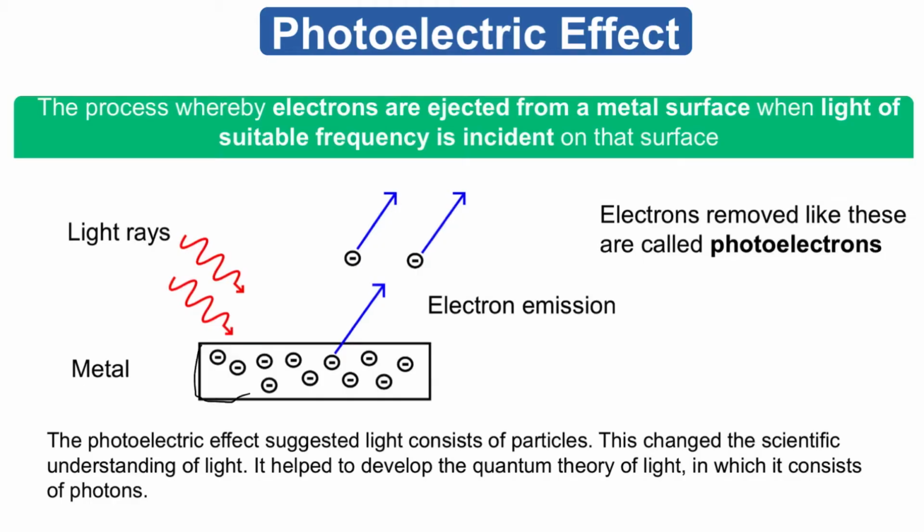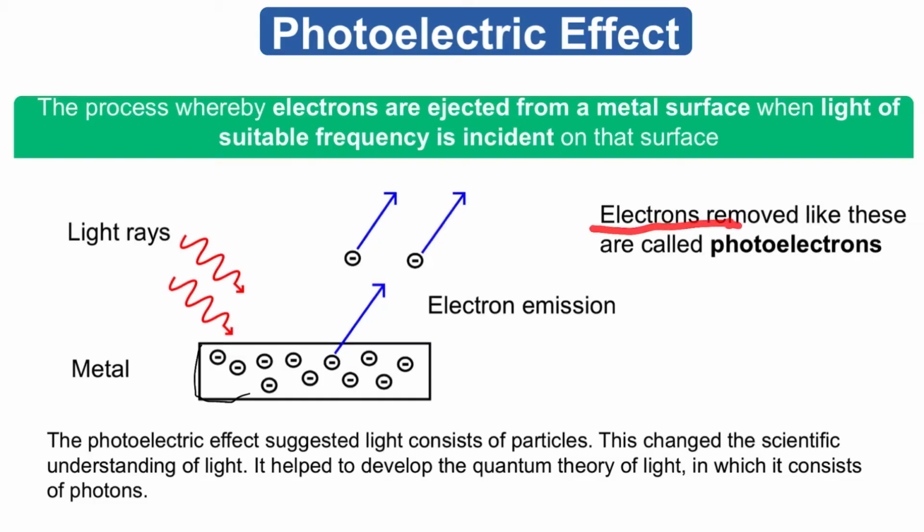Photoelectric effect. We have a metal here, a metal with electrons on its inside. And when light energy is incident on the metal, if the electrons are ejected or emitted from the surface of the metal, they get their energy, and we no longer call them electrons, we call them photoelectrons.